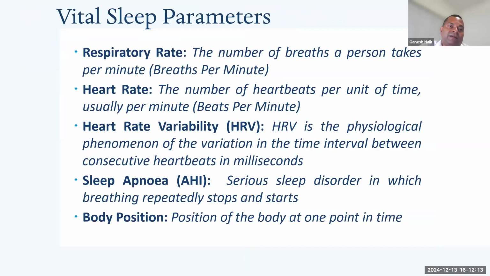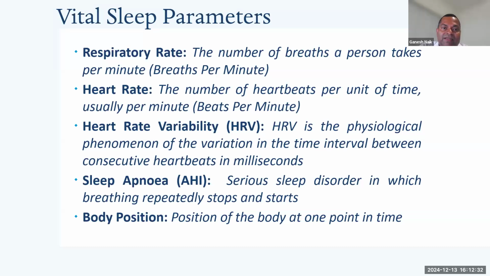So before I proceed further with all those explanations, it's better to explain to the audience some of the key parameters. So the first one is the respiratory rate, because I'll be using these terms many times.